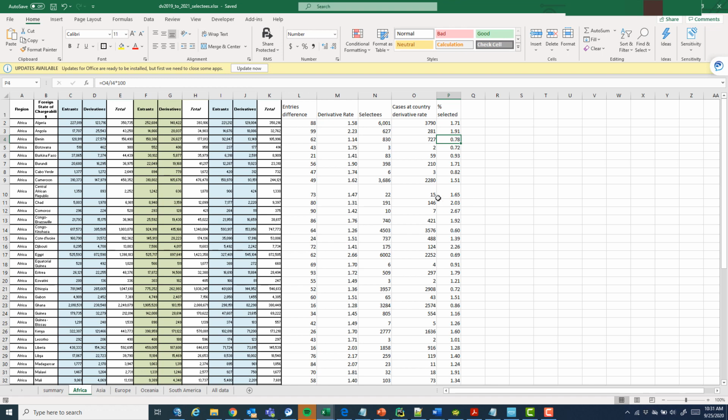So what's interesting is, why did this country, Algeria, for example, get 1.71% selected, which is a very large number considering that's a capped number, whereas Benin only got 0.78. And it's because these entries are the qualified entries.